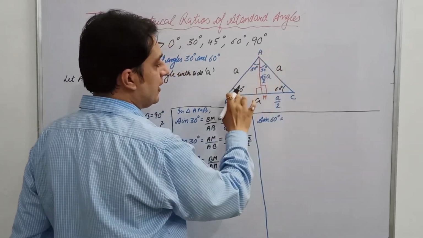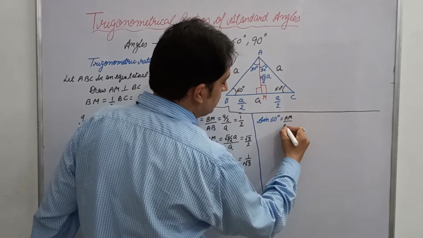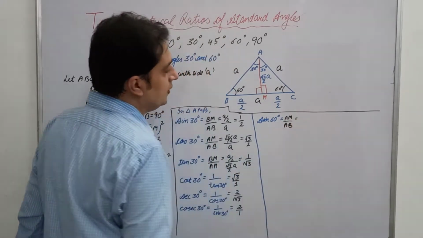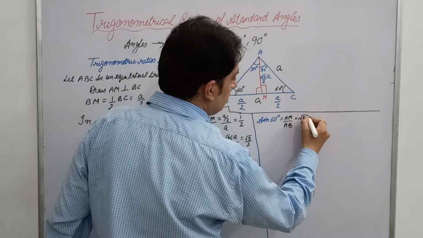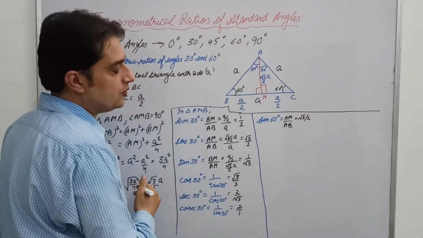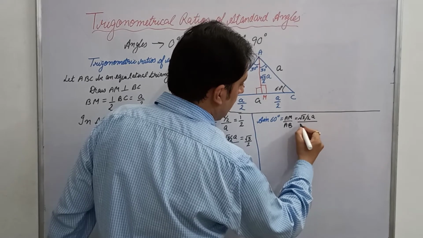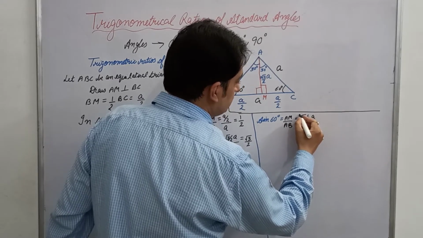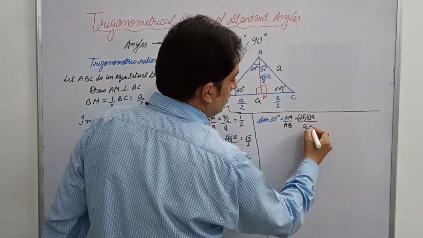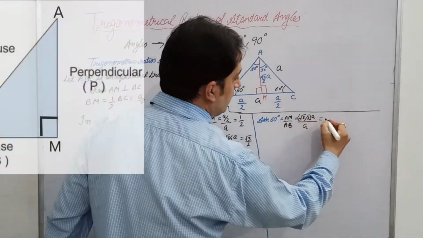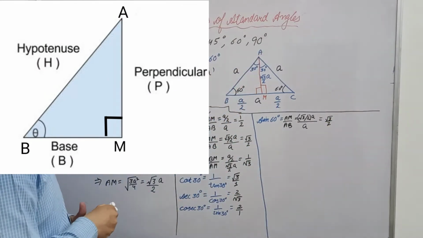So opposite side for angle 60, that is AM, upon hypotenuse, that remains same, that is AB, right? So AM is here root 3 by 2 into A, which we found with the help of Pythagoras theorem, the third side of the right angle triangle, over AB is A. So cancel out A, the value is root 3 by 2. So this is the value of sine 60 degree.